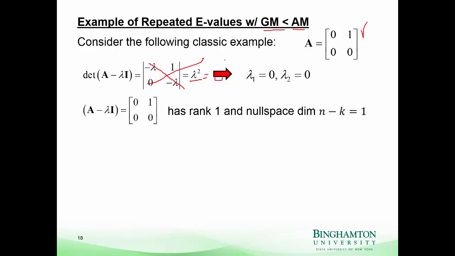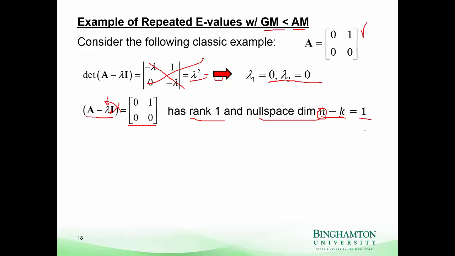Now we look at our matrix A minus lambda I and plug in lambda equal to 0, because that's the value of the eigenvalue we're looking at. This term goes away, and we're left with just A. So this has rank 1. The null space is dimension n minus k. Well, n is 2, k is 1, so we're left with 1. So my null space has a dimension of 1.